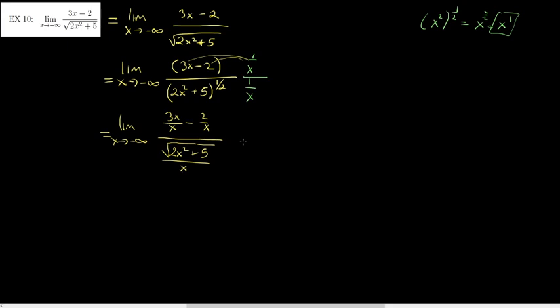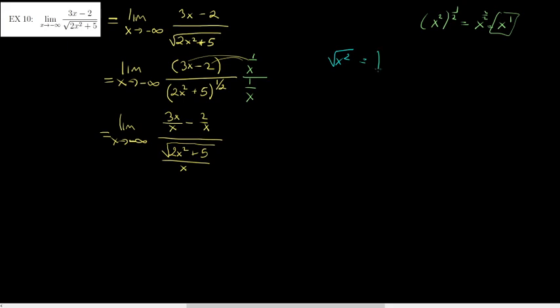And that doesn't really seem to help at this point. We're going to have to simplify this further. This is where it's going to get tricky. This is where we're going to have to deal with this negative infinity. So as an aside, I'm going to remind you that when you take the square root of x squared, you don't really just get x, because it depends on whether x is positive or negative.